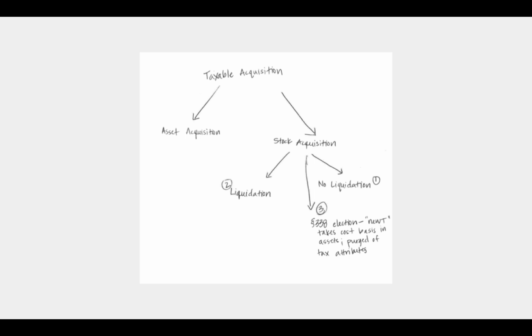So if those assets have appreciated in value, I'm going to buy the stock and pay the market value of that stock, which may be higher than the sum of those net assets. So I could make a 338 election to increase the cost basis of those assets. But, as we'll talk about in a minute, that's often not done because it's a very costly election for tax purposes.